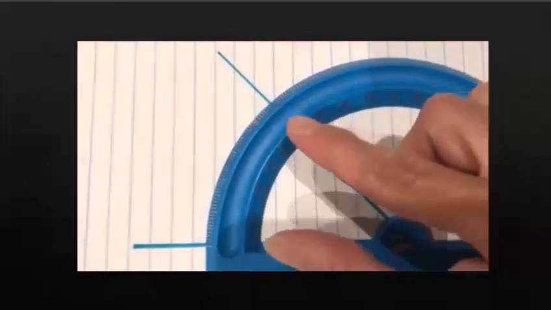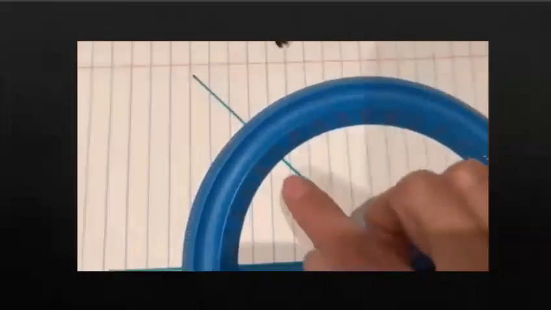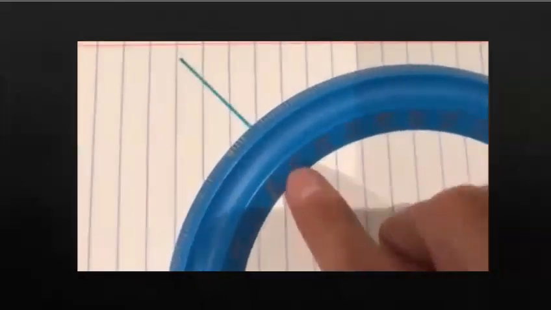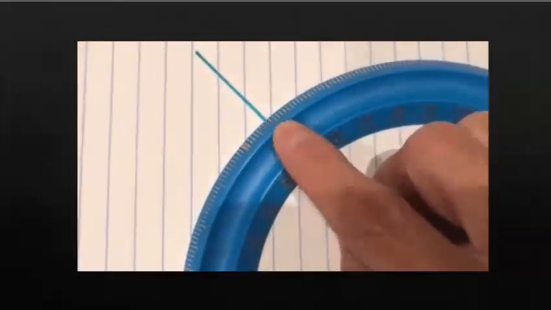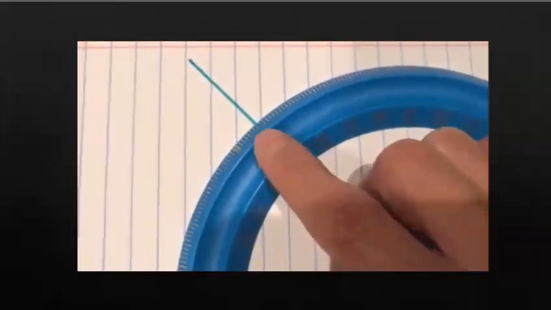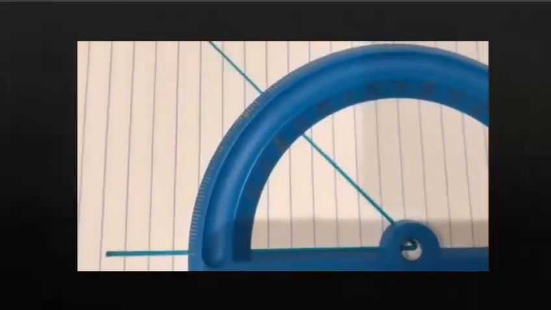And how do we know which one it is? Well, it's less than a square angle, or it's less than 90 degrees. So we know that it's the 50, not the 130. We look for our major mark. We see it right there, and it's 2 below that major mark. So between 0 and 50, 2 less would be 48. This angle measures 48 degrees.